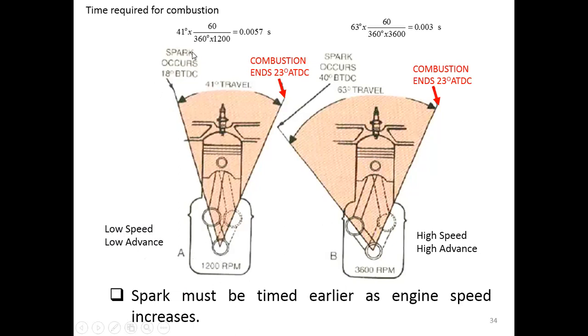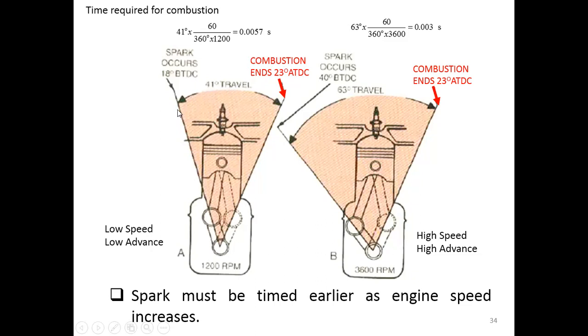You do the spark ignition at 80 degrees before top dead center, and the combustion ends at 20 degrees after top dead center. So that means the crank has to travel 41 degrees. So this is the time for the combustion to finish. If you want the combustion to finish at 20 degrees after top dead center, this 41 degrees is fixed.